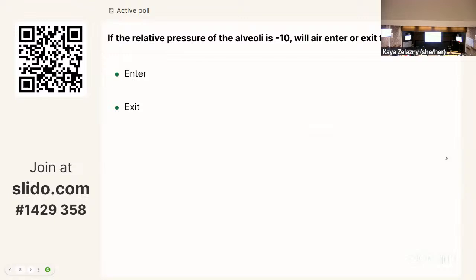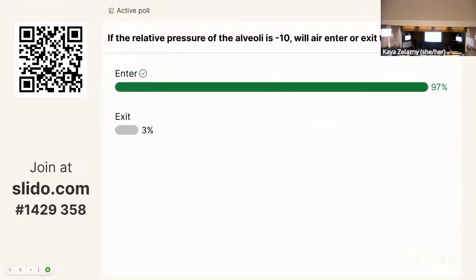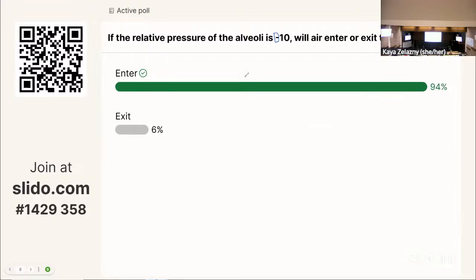Okay, let's look. Okay, now we're on the same page. Yeah, so we have a negative number. This means that our PALV of -10 is less than our atmospheric pressure, which we've set to 0. I told you this is our relative pressure.